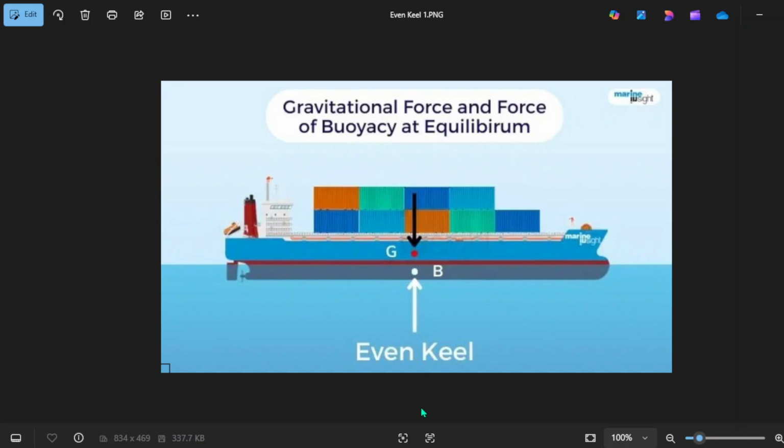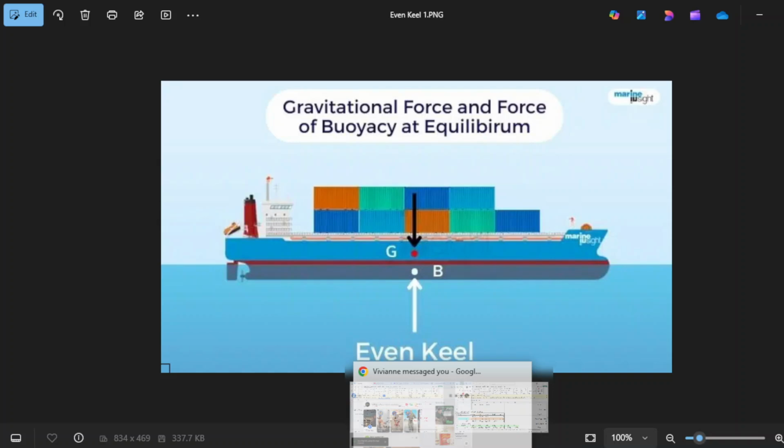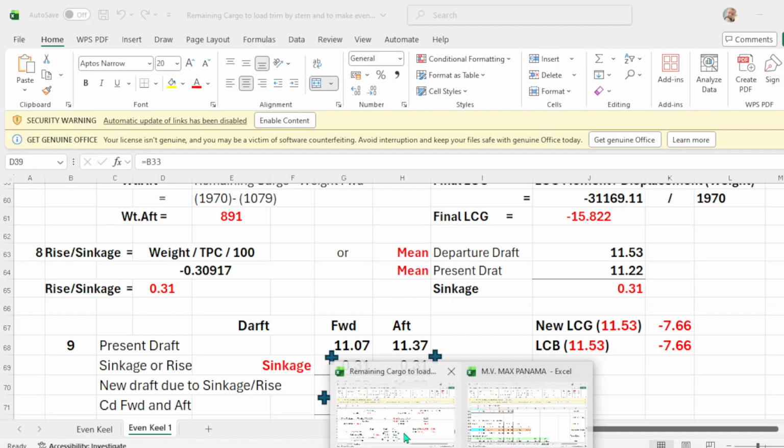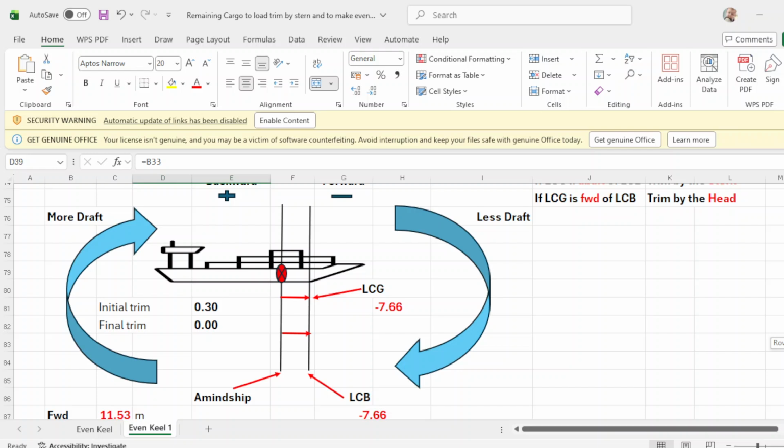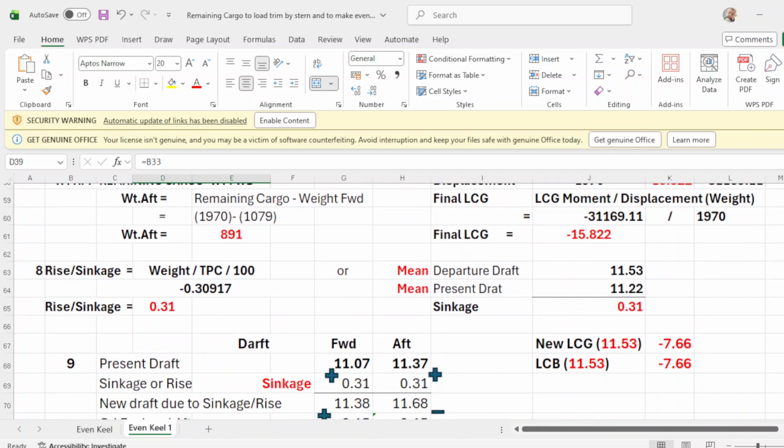Meaning, as I understand, you can correct me, since LCG is in a vertical line with the LCB, the LCG would also be the same as the LCB of negative 7.66. Since LCG and LCB are in a vertical line, the value of their LCG and LCB should be the same.